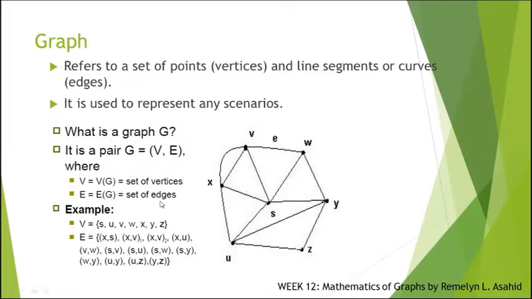So if we look at our figure, we have our example. The vertices are S, U, V, W, X, Y, and Z. Ibig sabihin, ito yung mga endpoints natin, yung mga corners natin. Okay, so those are the vertices. When you say edges, it refers to the line between two vertices.